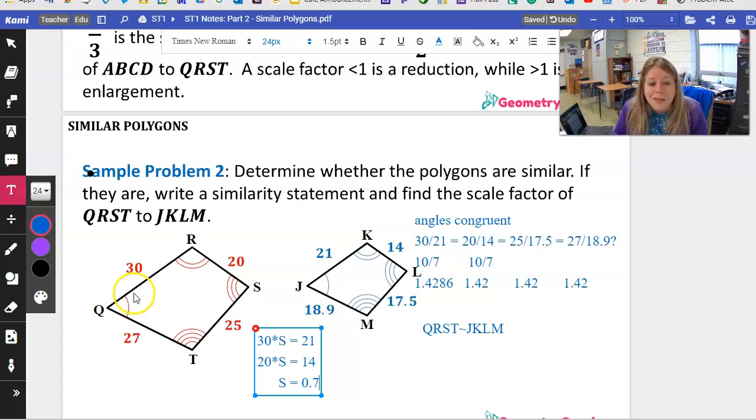So that is the scale factor. 30 times 0.7 equals 21. 20 times 0.7 equals 14. 25 times 0.7 equals 17.5. Check that one. 25 times 0.7, 17.5. So my scale factor is 0.7 because I'm going from QRST to JKLM. So I'm getting smaller.